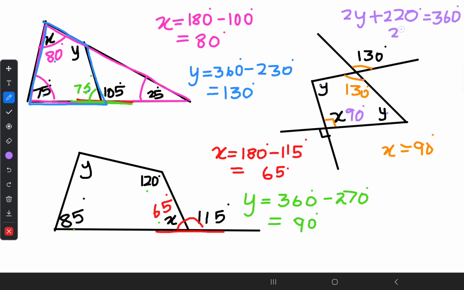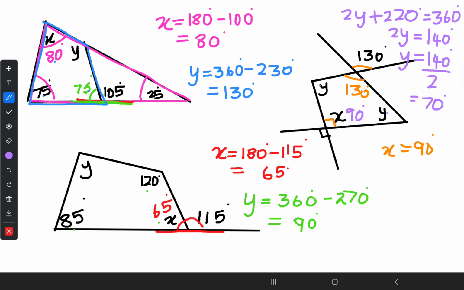From that, we can find 2y: 360 minus 220, so 2y will become 140. So y should be 140 divided by 2. Finally, y will become 70 degrees.